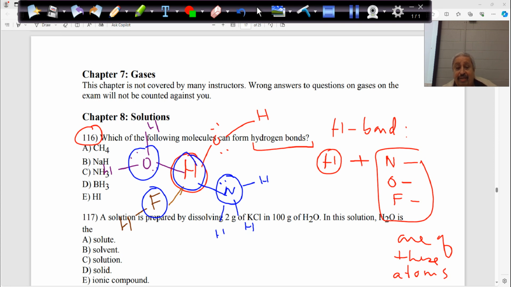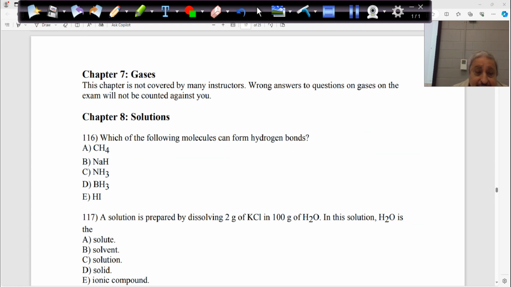So now you tell me, from this information, which of the following molecules can form a hydrogen bond?